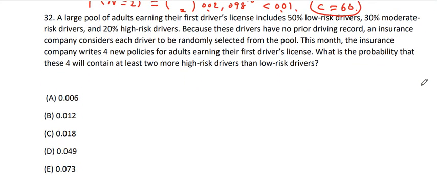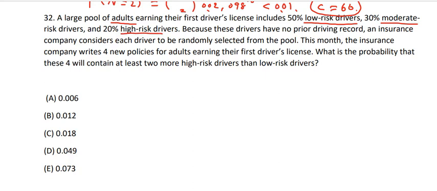Okay, so for problem 32, we split all those adults into 3 parts. Some are low risk drivers, which count for 50%. Some are moderate, some are high risk, right? So we just split into 3 parts.